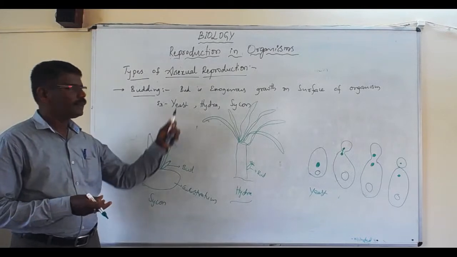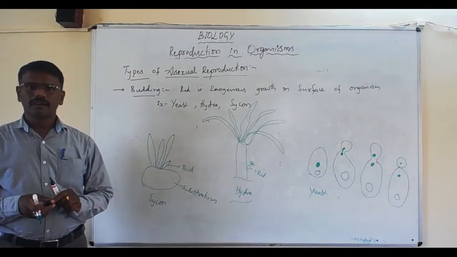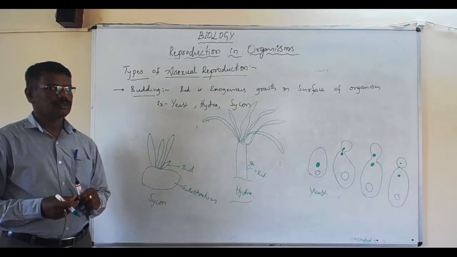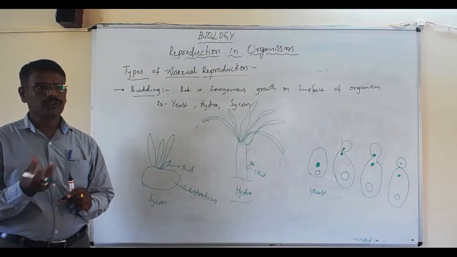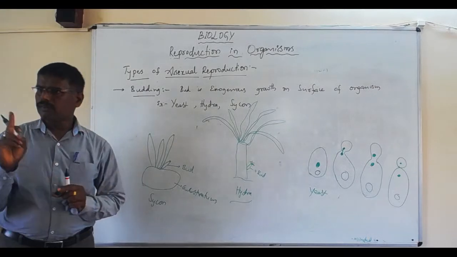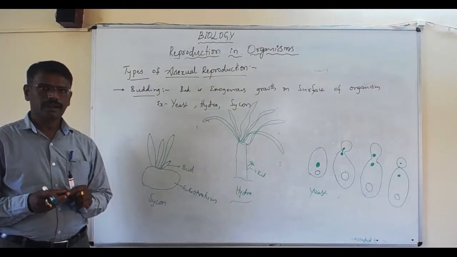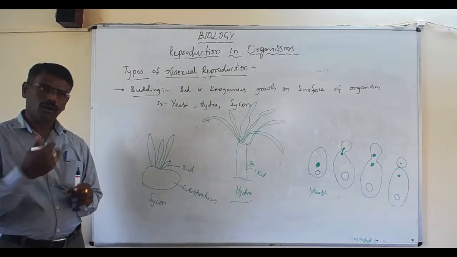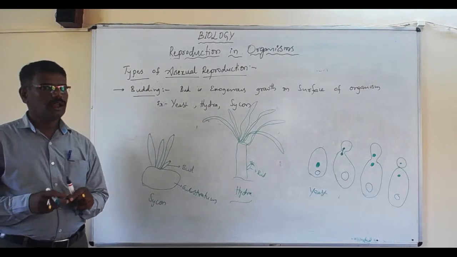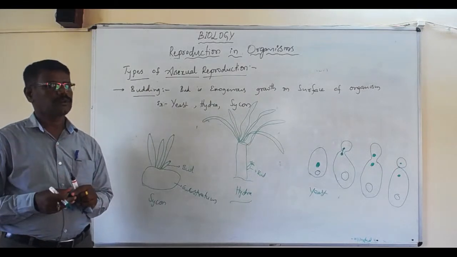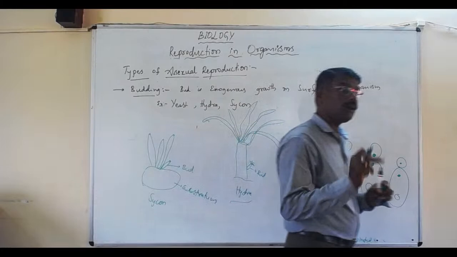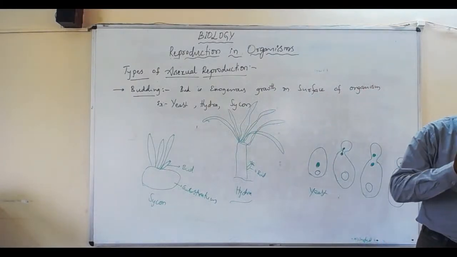So as we know, the reproductive structures share the genetic material from a single parent. Got it? So all the offsprings produced by asexual reproduction are just like their parents. All the offsprings are the same.